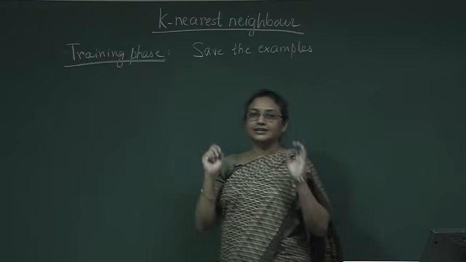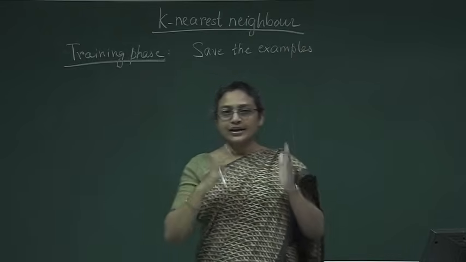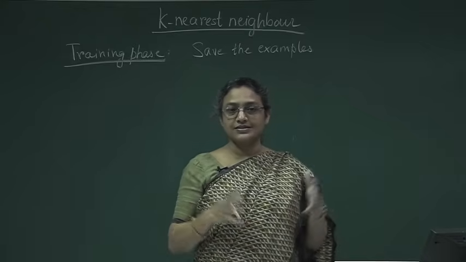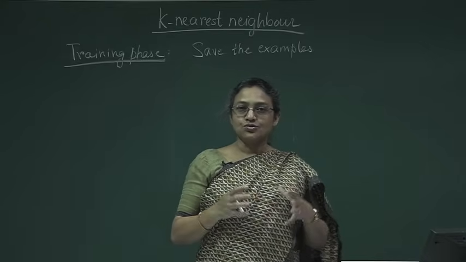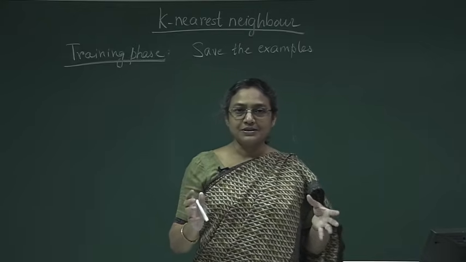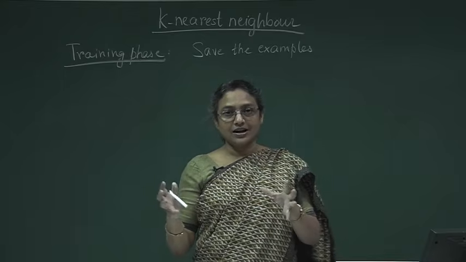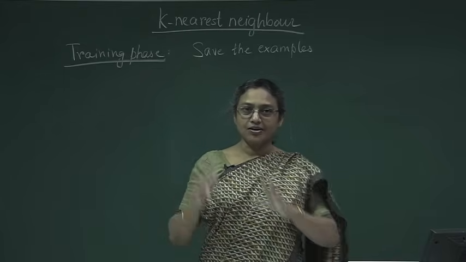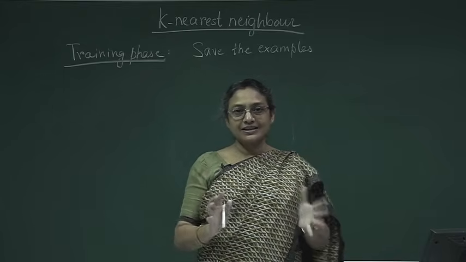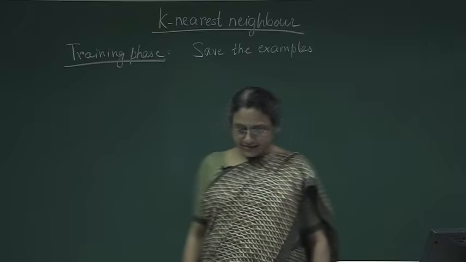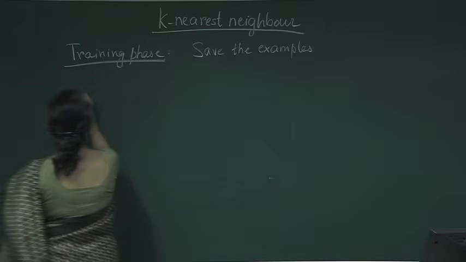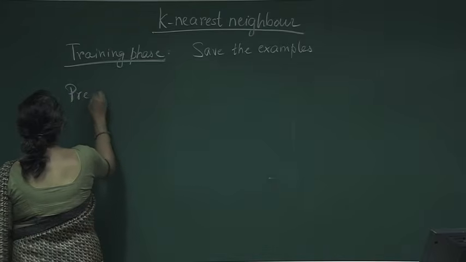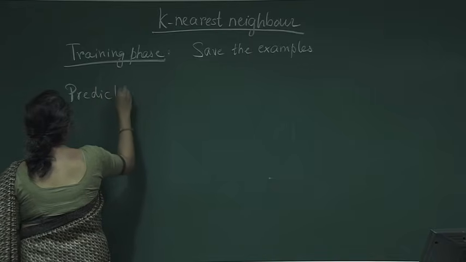It is possible in a more advanced implementation to store the examples in some data structure so that searching through these examples becomes faster, but we will talk about that later. So, basically we just store the instances. Then at prediction time, so this is training time.